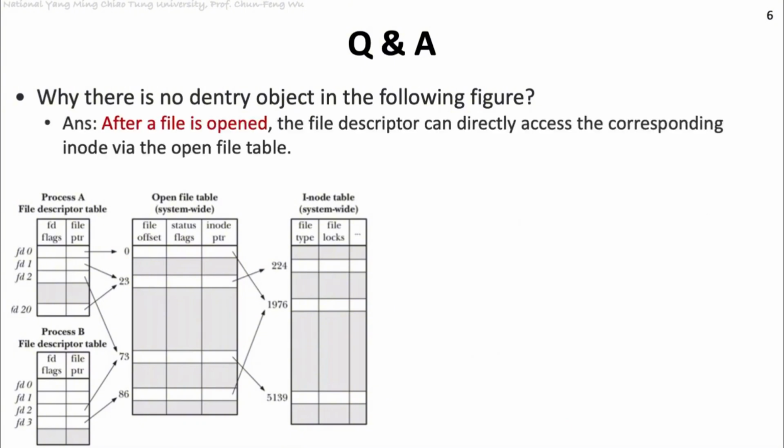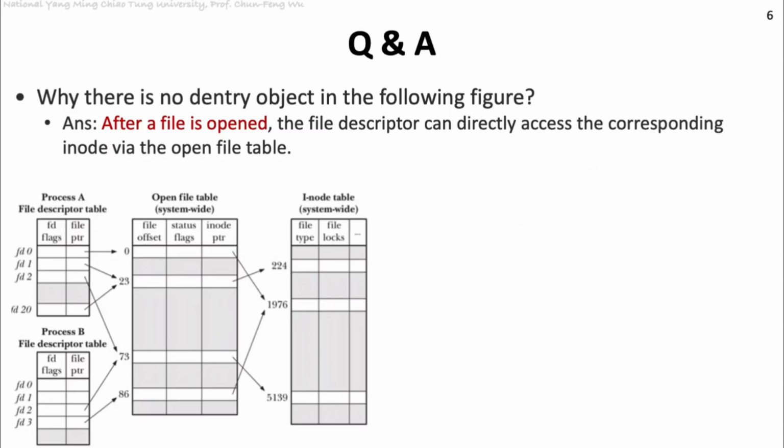Actually, the reason is that this figure describes how the file descriptor can access the data after a file is open. So the assumption for this figure is that the file is already open. The entry object is used to resolve the path.